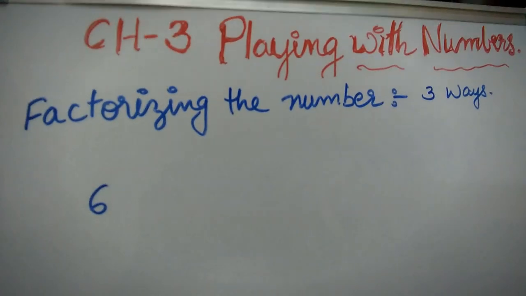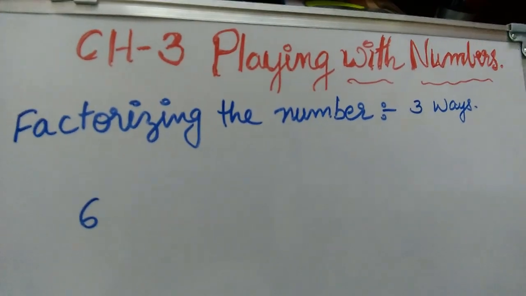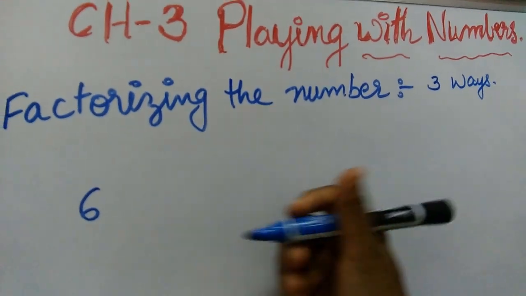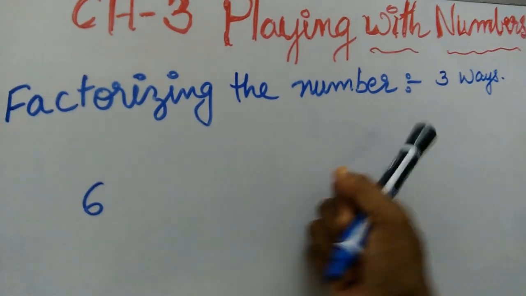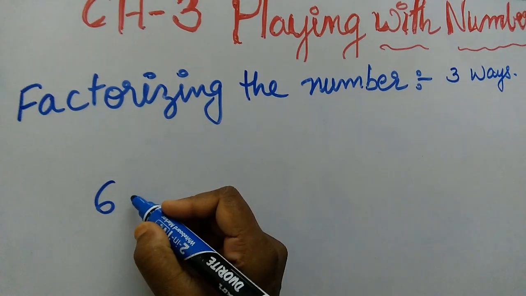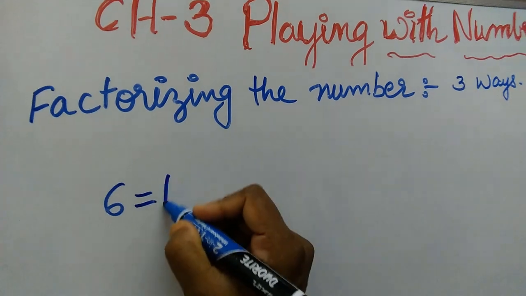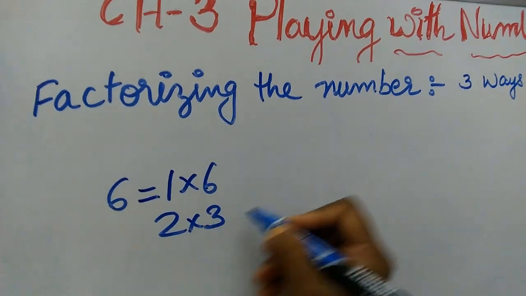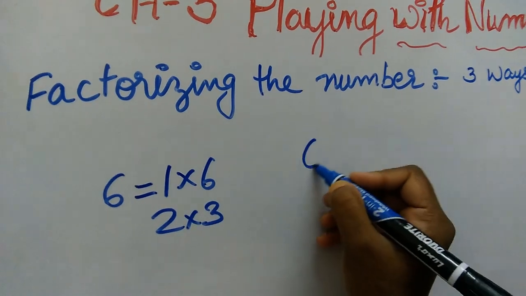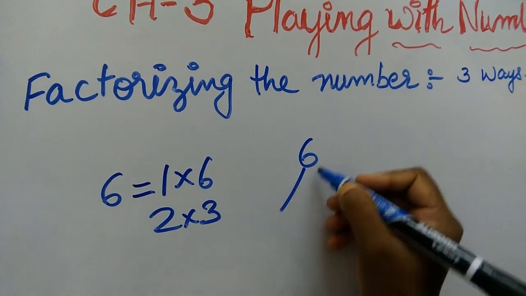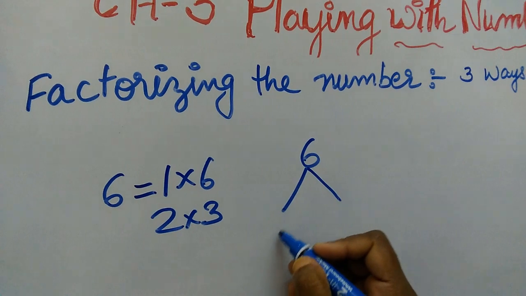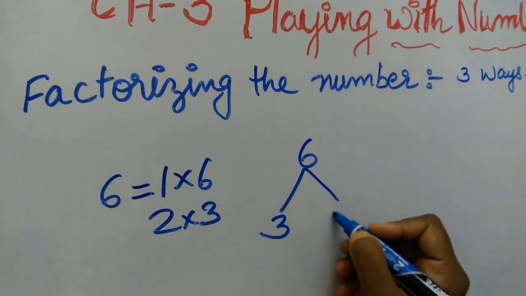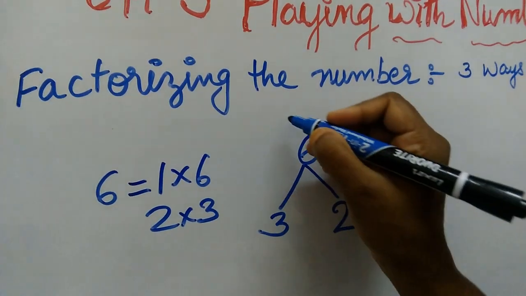Now factorizing a number. In small numbers we can factorize in 3 ways. 6 we can write as 1 into 6 and 2 into 3. This is one method. Another, we can write 6 as 3 into 2.